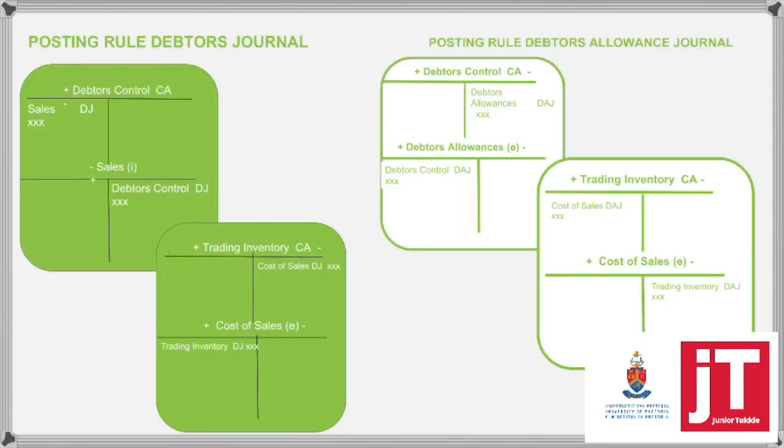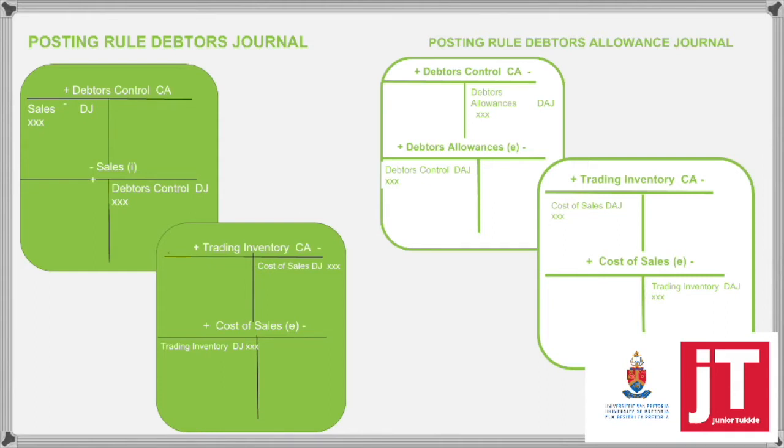Then just to recap on the posting rules from the debtors journal and debtors allowance journal. Remember, for debtors journal, we debit sales and debtors control, credit sales, and credit trading stock, debit cost of sales because it's a credit sales transaction, stock moving out. Then with the debtors allowance journal, we will do the opposite because it's the reversal of the credit sale.